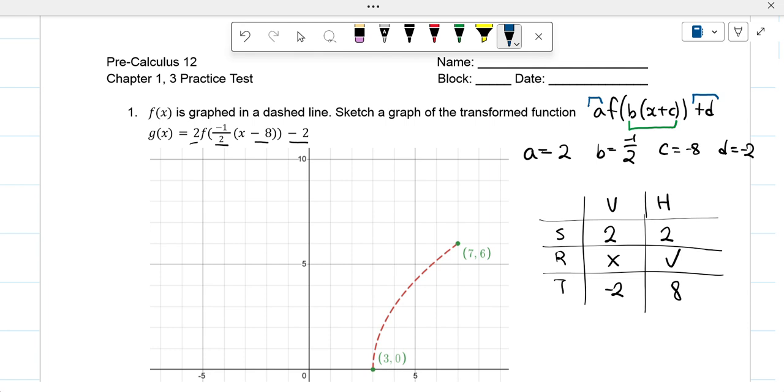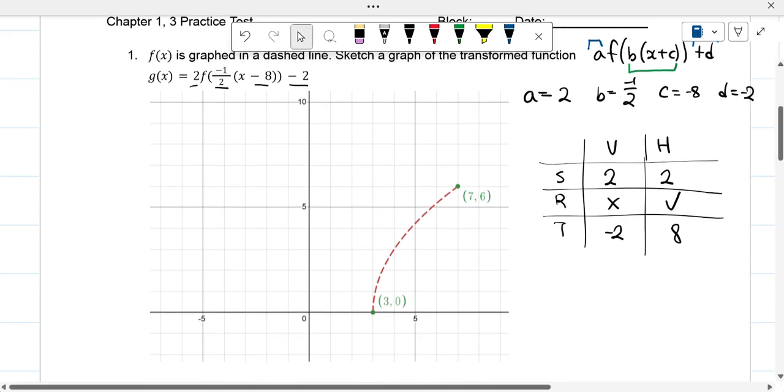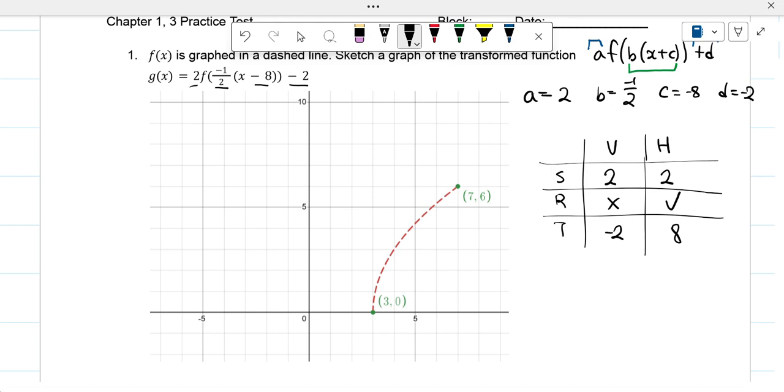Now that I've analyzed the information, let's actually draw the diagram. First, I'm going to do the vertical stretch by a factor of 2. What do I mean by that? It means that my graph is doubled in size vertically, and you can also think of it as the y value being doubled. So when (3, 0) is doubled, the y value still stays at 0.